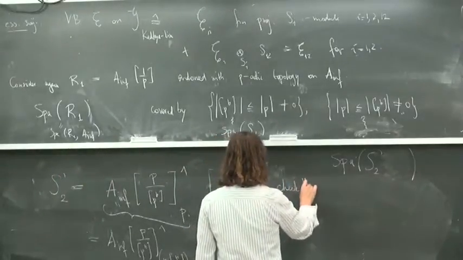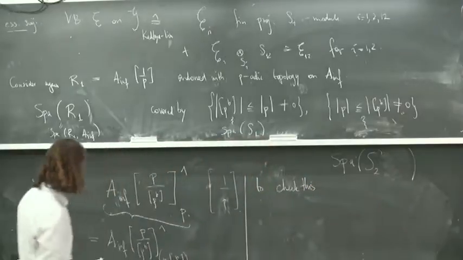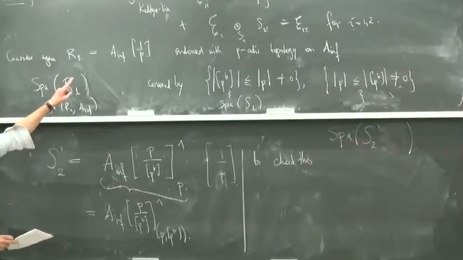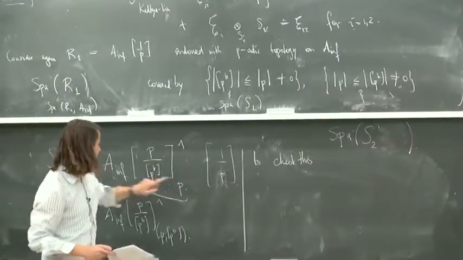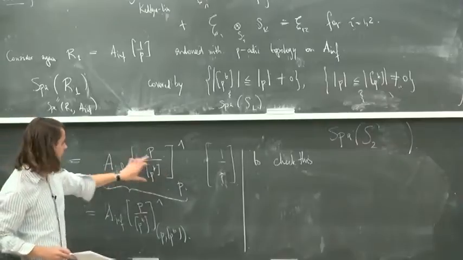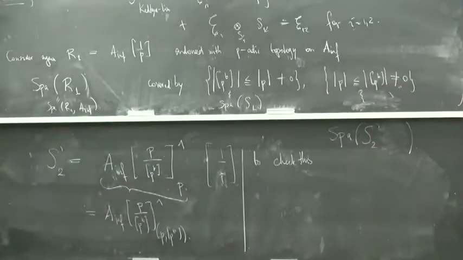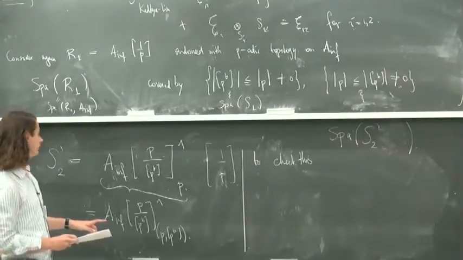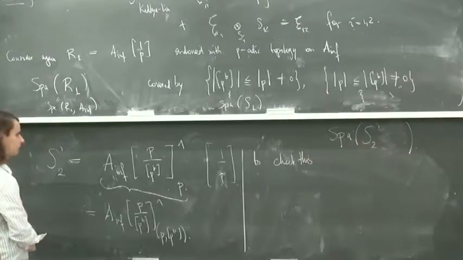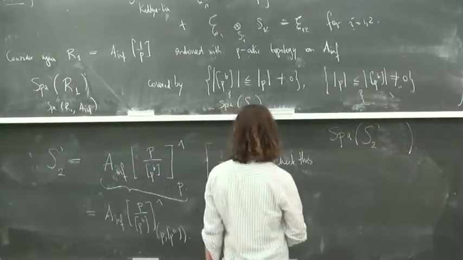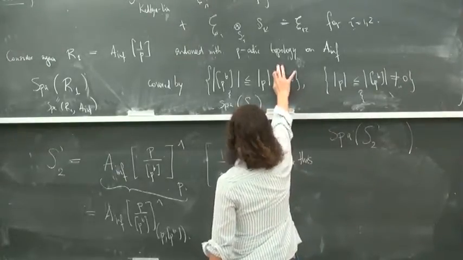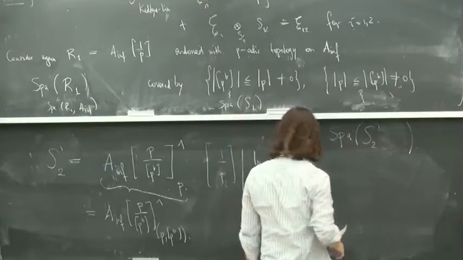I'm not clear why you have p instead of p flat. Because R1 is already p inverted, and if I invert p, then I also invert p flat. Oh yeah, they are the same.